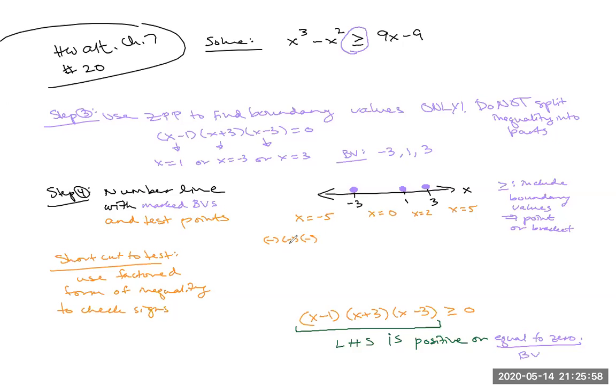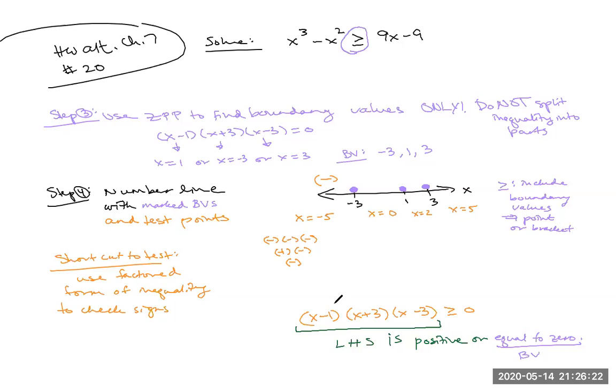Negative times negative is a positive. That times another negative is negative. Okay, so if I get a negative on the left-hand side, is this inequality true? No. So I don't shade it.